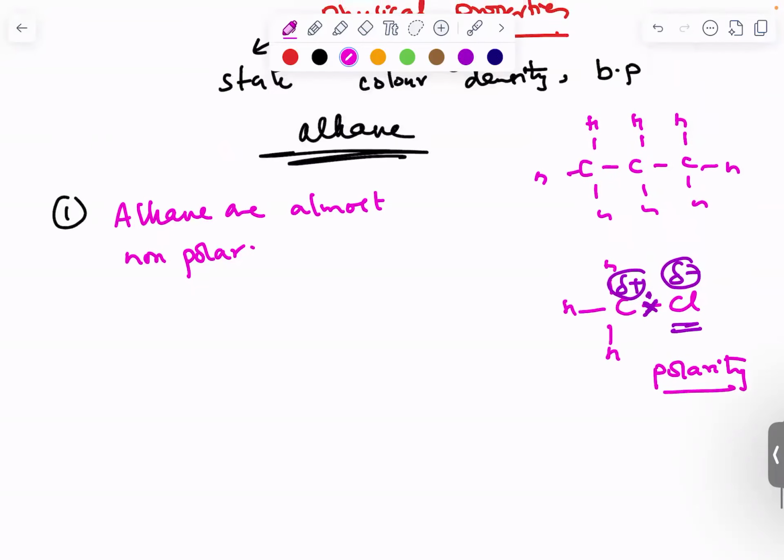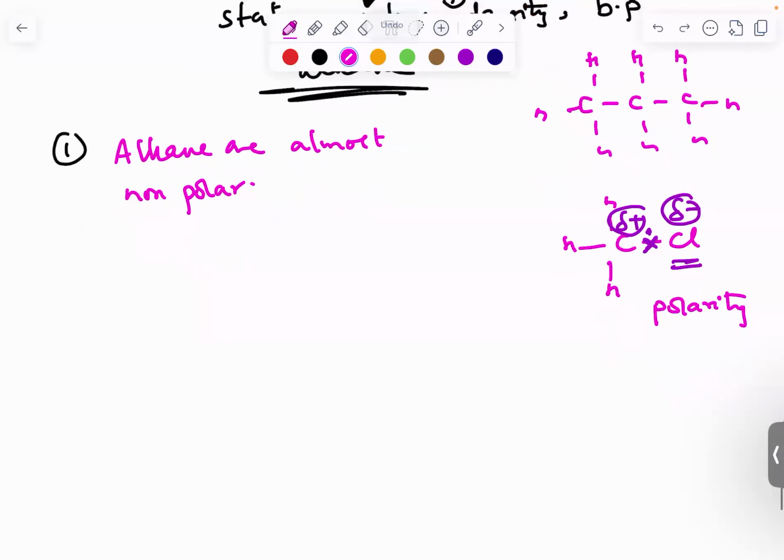But when we discuss the alkanes, as I told you earlier, there is a very little difference in the electronegativities of carbon and hydrogen. So we say that alkanes are non-polar. So there would be no production of charges, partial negative and partial positive. Is it clear? Yeah. So alkanes are almost non-polar.